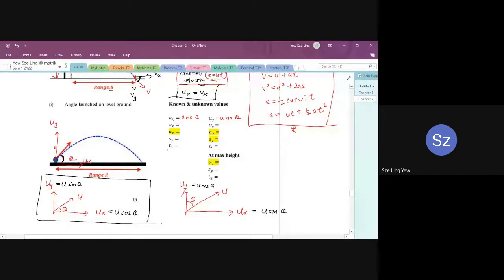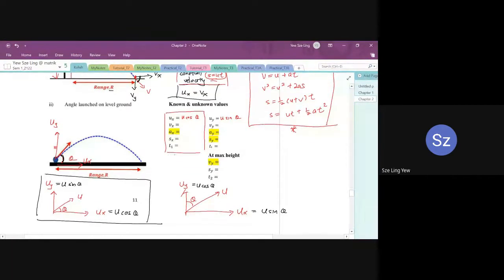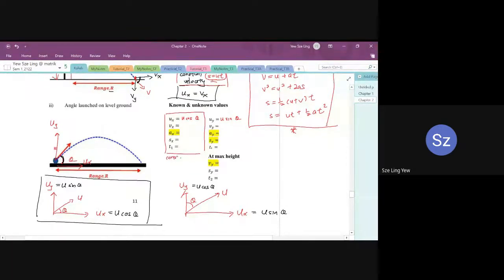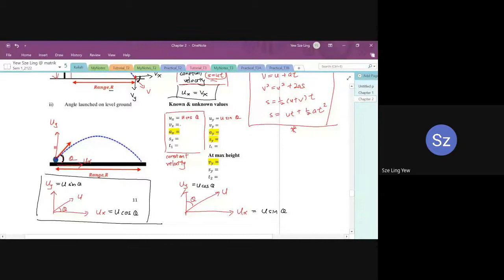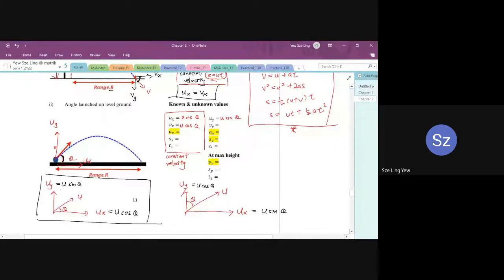Again, just now we said for our X component, the object is moving with constant velocity. Therefore, Vx is also equal to U cos theta. Now, the values that I know even before I solve the question is the ax.